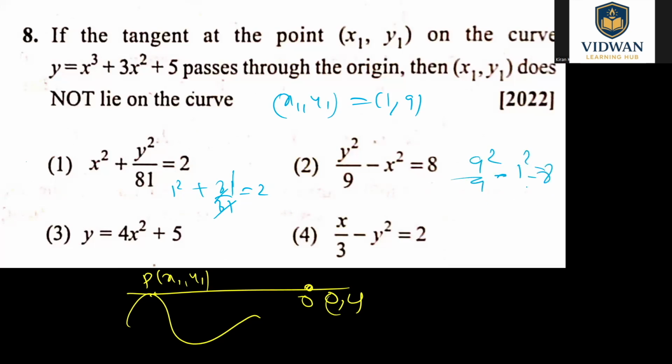It will satisfy this also. Then here y is 9, 4x square plus 5. This is also satisfying. The only one which doesn't satisfy would be this one, because x by 3 would be 1 by 3, y square is 81, not equal to 2. So except this, x1, y1 satisfies all the 3 other curves. So the fourth option is the answer because they said it does not lie on which curve. So option 4 is the answer.